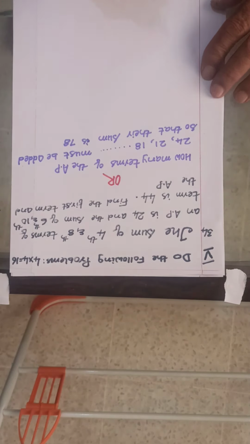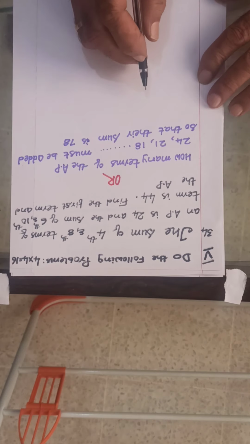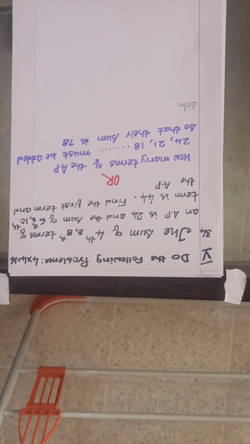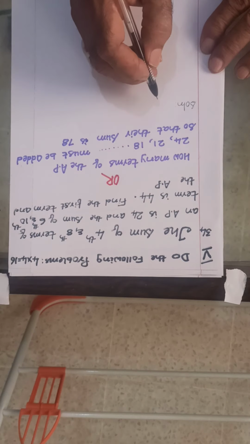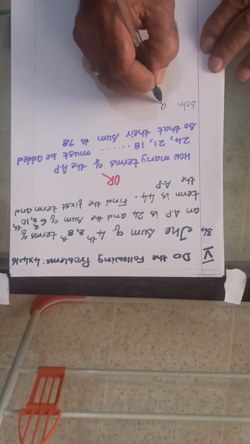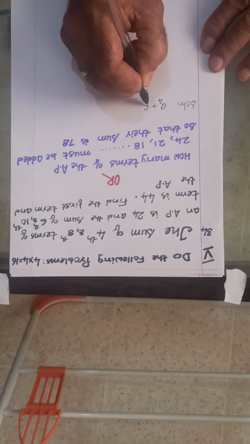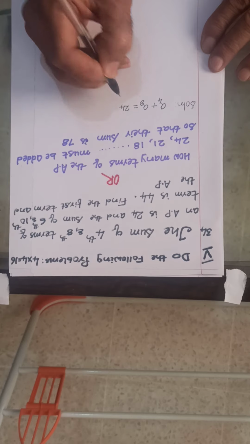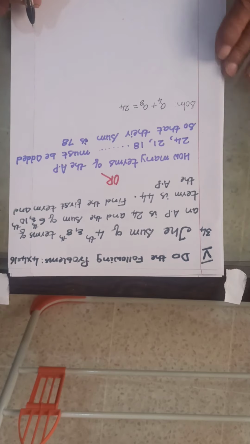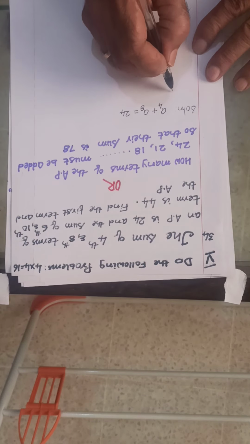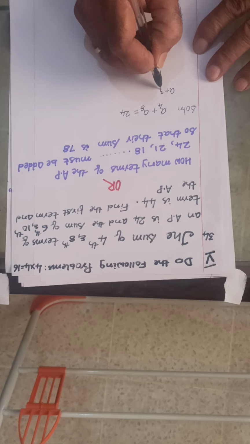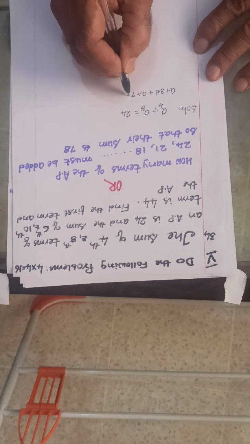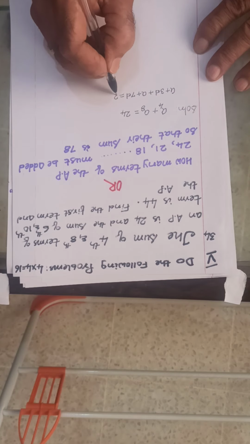Now what is given? Let me write what is given in this problem. That is the solution. The sum of the 4th and 8th terms means A4 plus A8 is equal to 24, the first equation. Now what is A4? A4 is A plus 3D, plus A8 means A plus 7D, is equal to 24.